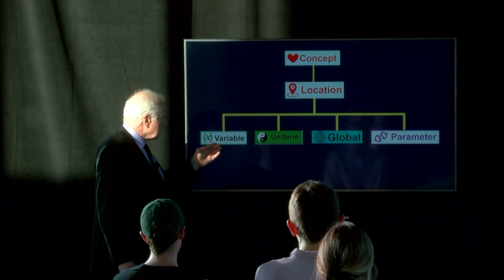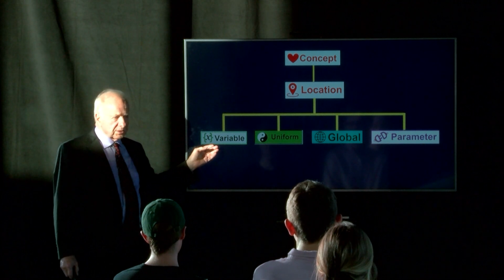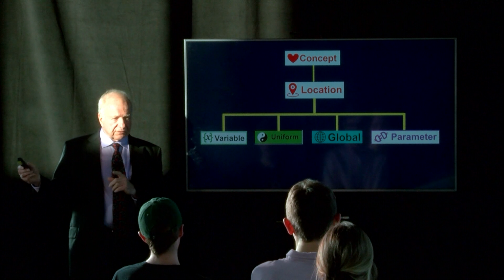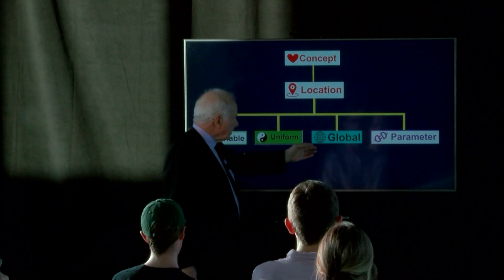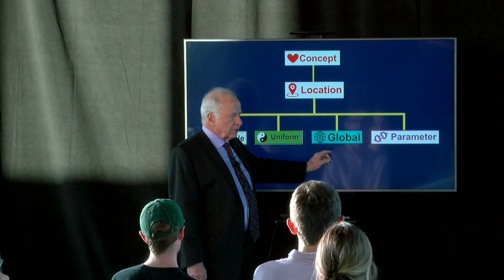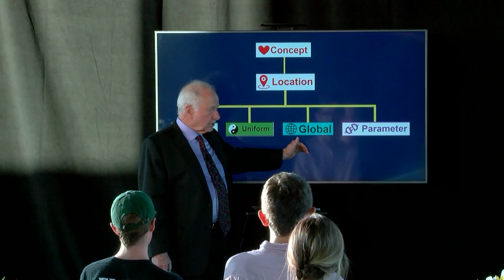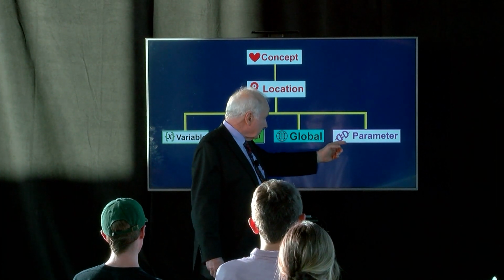Then you have the variable connections, which is what we're normally thinking, the variable that's in the object variables. It's different for every object. And then you do have a global connection, which means that you have one instance of this object in your world and only one.